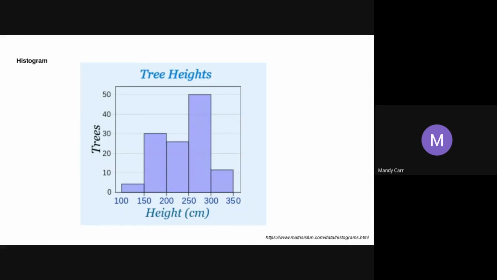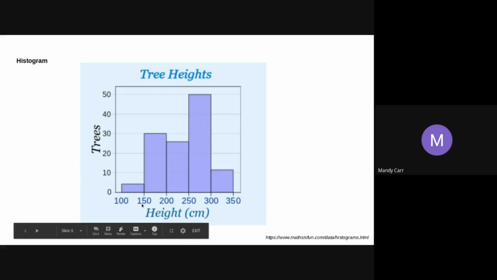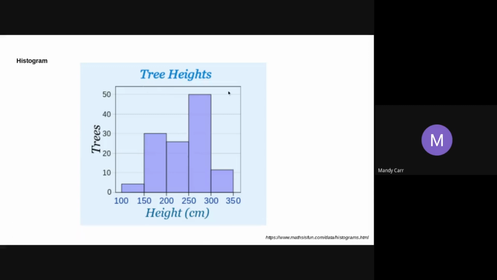Right? The next data visualization is a histogram. Now, a histogram is similar to a bar chart, except it shows the value of something in between a range of numbers. So, for instance, this chart shows tree heights.